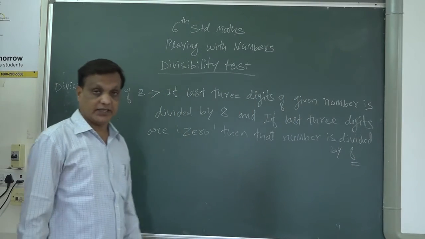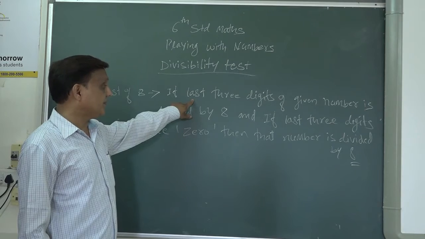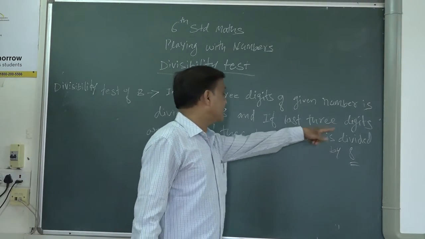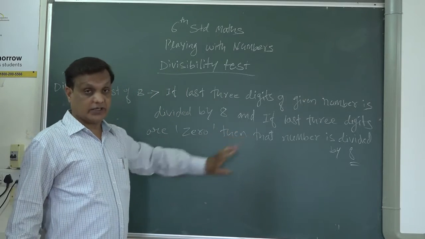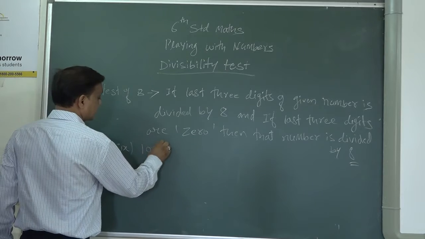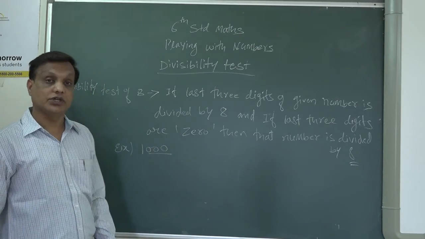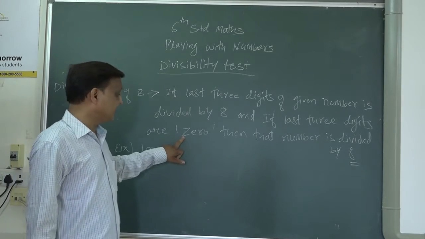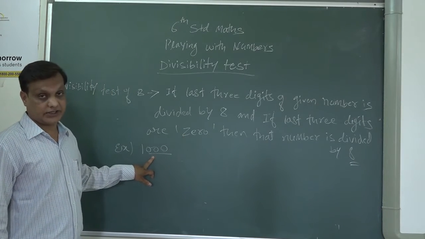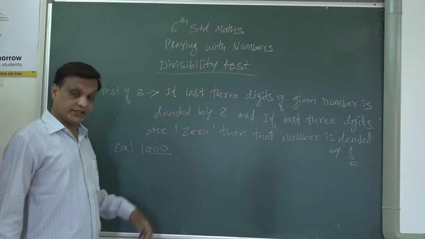In both cases, the last 3 digits of a given number are divisible by 8, and also if the last 3 digits are 0. So, example we will take here. Here I am taking 1000. Last 3 digits are what? 0. So here it is said in the definition, if the last 3 digits are 0, then that number is going to be divisible by 8.